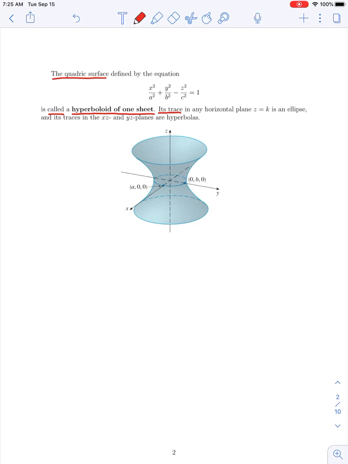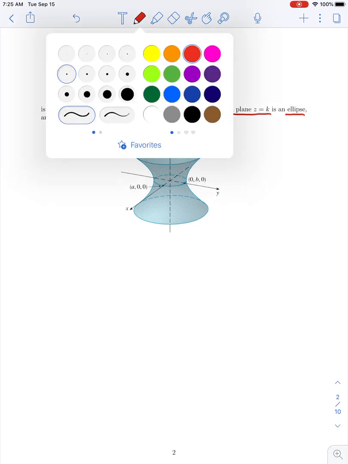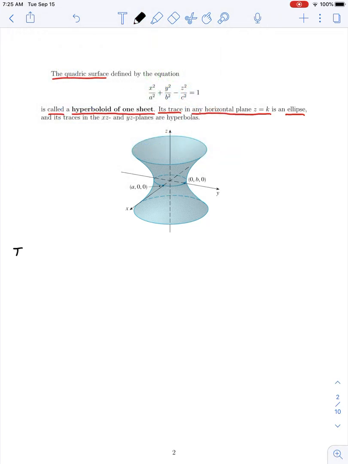So I claim that its trace in any horizontal plane, z equals k, is an ellipse. So let's start by looking at traces in horizontal planes. So those would be planes that are parallel to the xy plane.